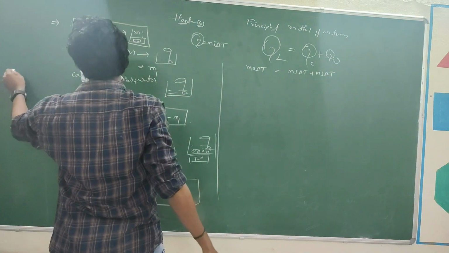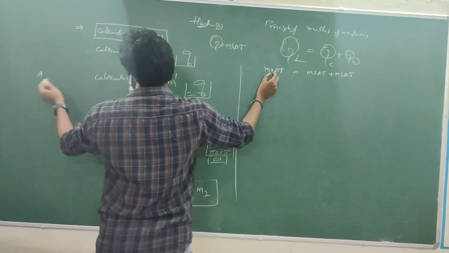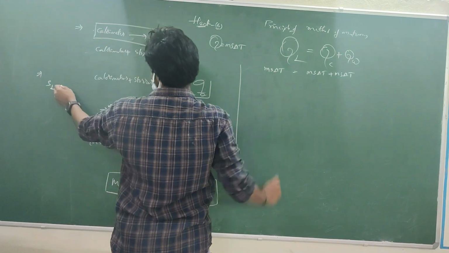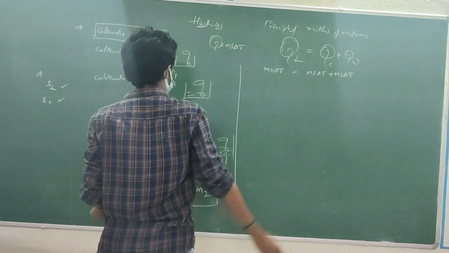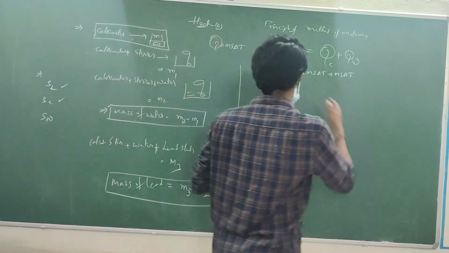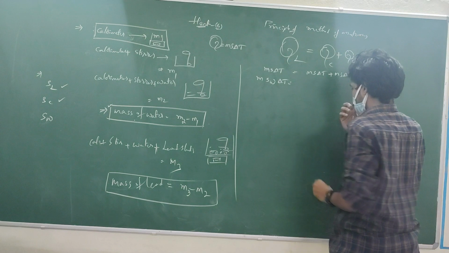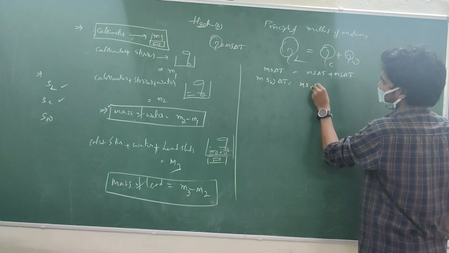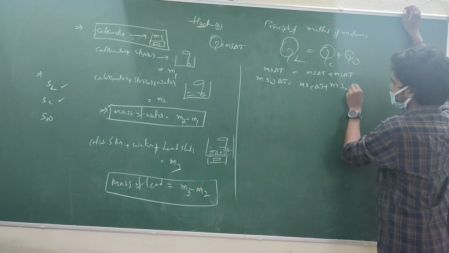Now let me tell you one thing about the specific heats: I simply put the specific heat of lead shots as SL, the specific heat of the calorimeter as SC, and the specific heat of water as SW, right. So let's substitute them. It looks like this: m SL into delta T is equal to m times the specific heat of the calorimeter, SC, into delta T, plus m SW into delta T.